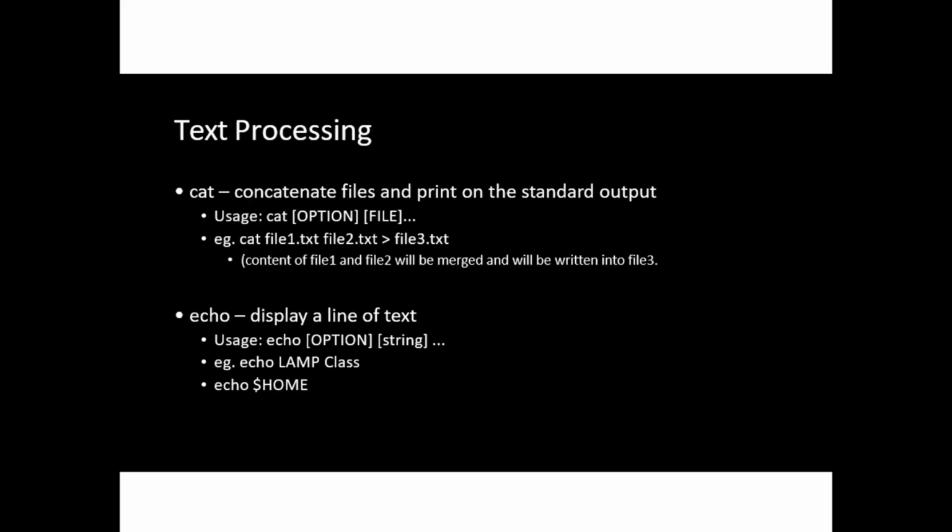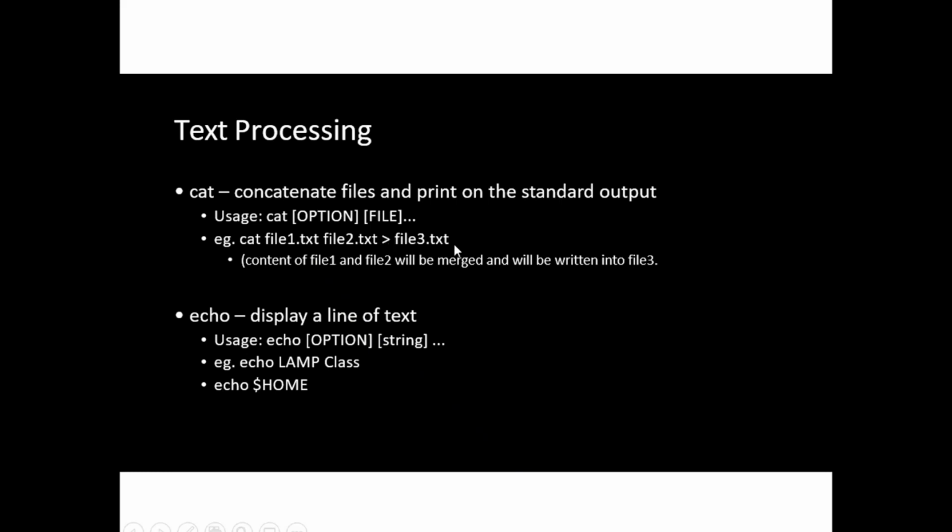For text processing, cat and echo are there. cat means concatenation of files and prints on the standard output. Concatenation means combining two files into a third file, like cat file1.txt file2.txt arrow file3.txt.